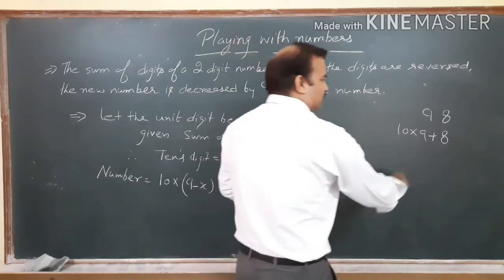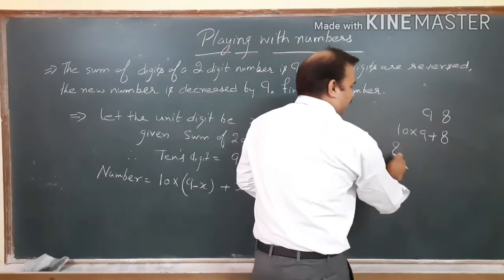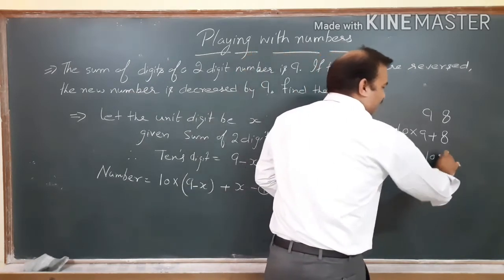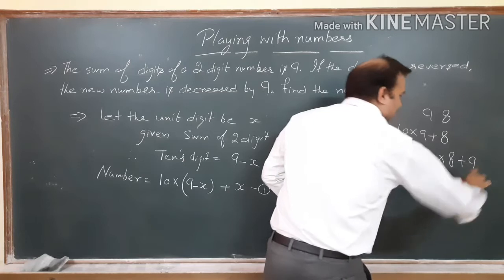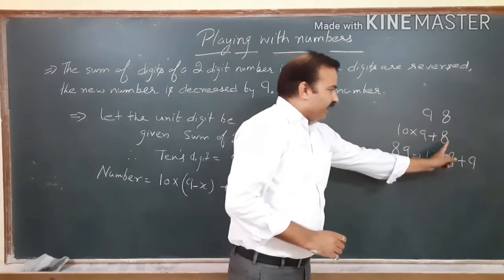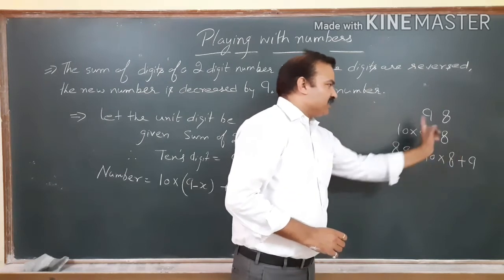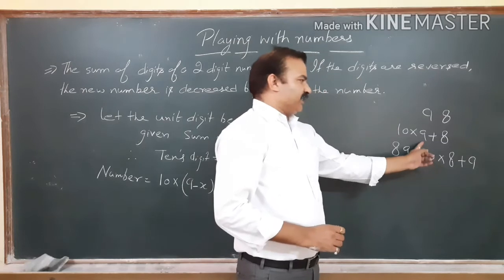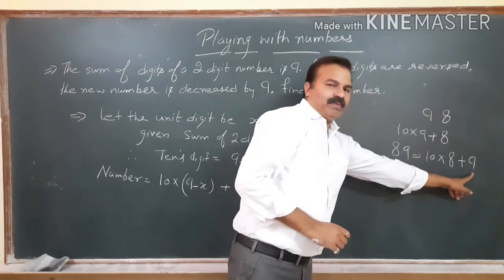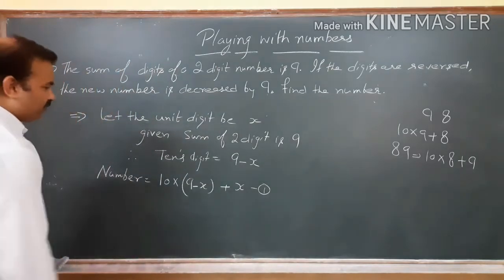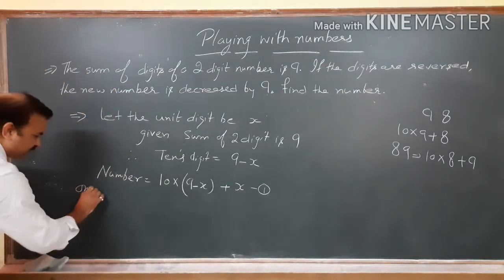But if digits are reversed, this becomes 89, and the general form is 10 multiplied by 8 plus 9. The only change is that 8, which was at the unit place, has come in place of 9, that is the tens place, and 9, which was at the tens place, moved to the unit place.